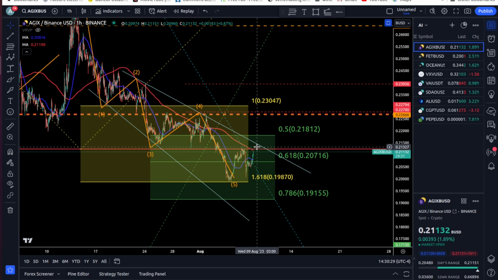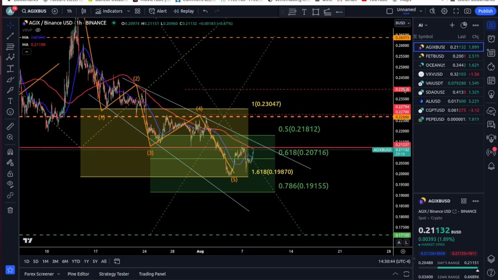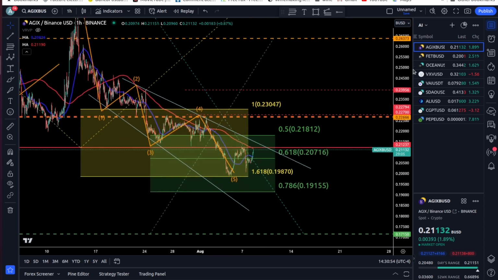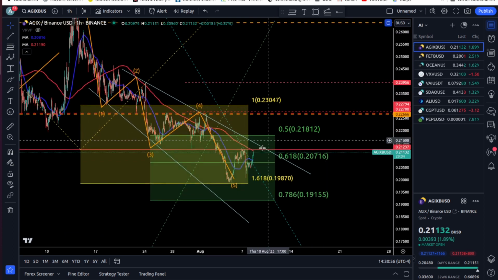If we can break it easily, the easy target that we should go back to at least would be our level 4 wave. So that's about 22 cents 740. And after that, for sure, we want to go and make a higher high here, which was 28 cents for this wave B. So these are the two short-term levels that we want to check.